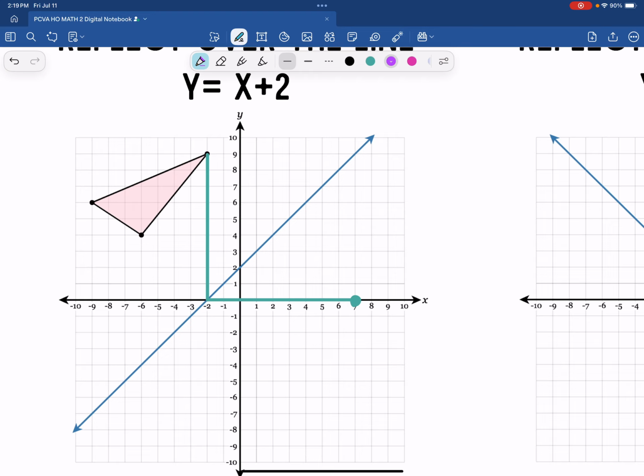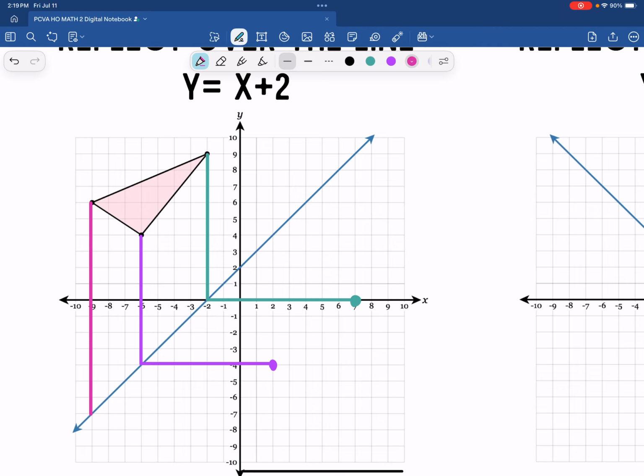All right, so for this one, I'm going to go vertical, and that was 4, and so 8 units. So now I'm going to go 8 units on the other side. And then finally for the last one, if I go vertical, for that one, that's 6 and 7.